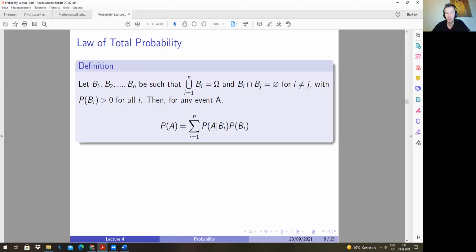And then look, for any event A, the probability of A equals the sum of these products: probability of Bi times probability of A given Bi, where i changes from 1 to n. For example, if you remember that first case about rolling a die, the probability of an odd number is 1 over 2.